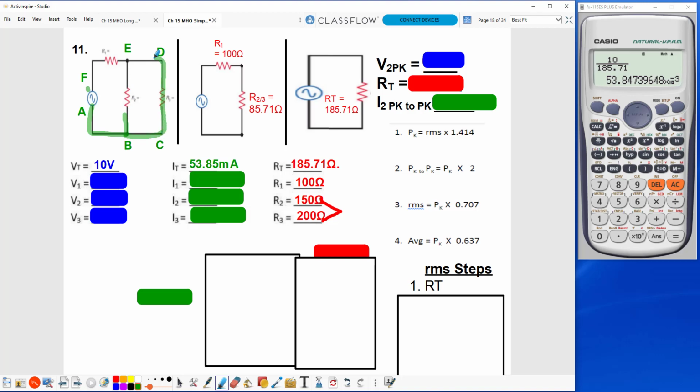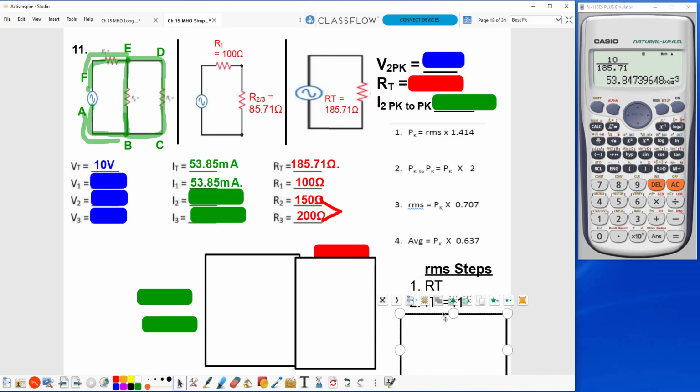Some will go on to C, to D, back around to E, and some will go from B to E. But however many ways it splits, it all has to come back together from E to F. So whatever resistors are on the main branch, from A to B and from E to F, will get total current flowing through them. So R1, located on the main branch, will get the full 53.85 milliamps. That's our second step in solving the problem.